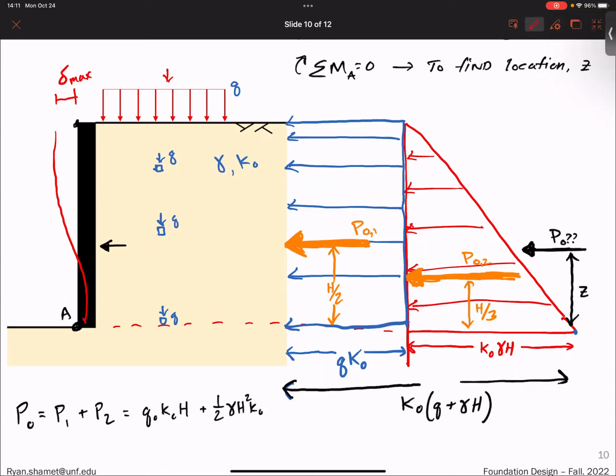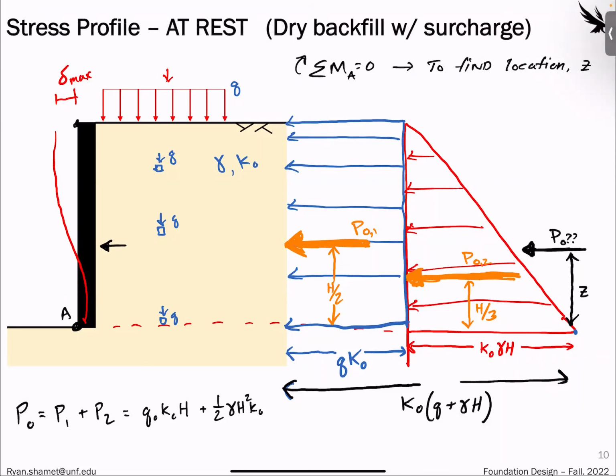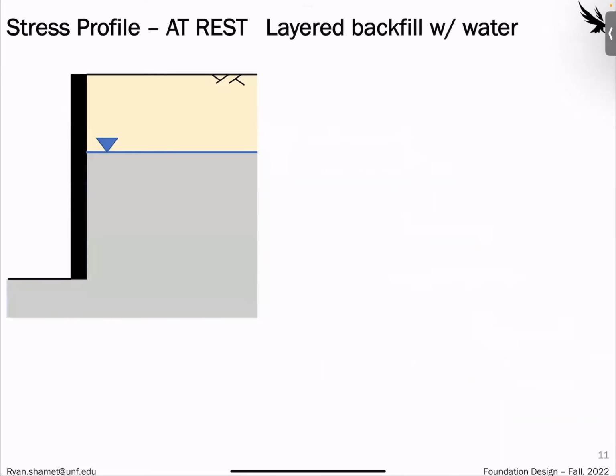Also, that's how you go from an at-rest condition to an active condition. So that could also be bad. So the other cases, this is again just dry soil, single layer, dry backfill with a surcharge. Layered backfill with water could also be really common.